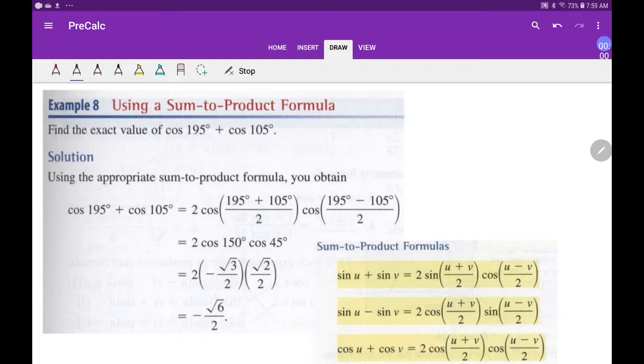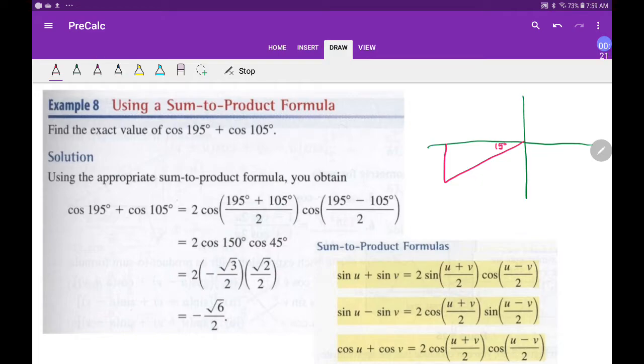If we were going to try to use reference triangles on these two ideas, the cosine of 195 would put us 15 degrees into quadrant 3. And we'd say, I don't have a reference triangle for that one.